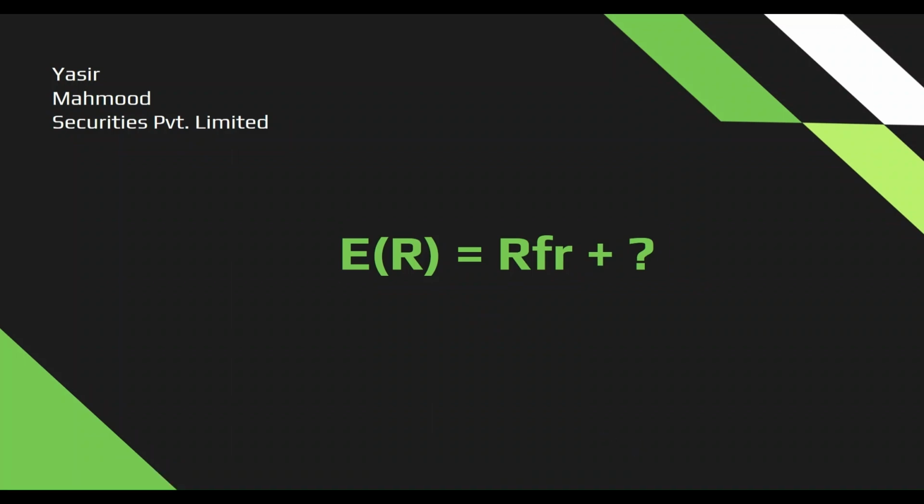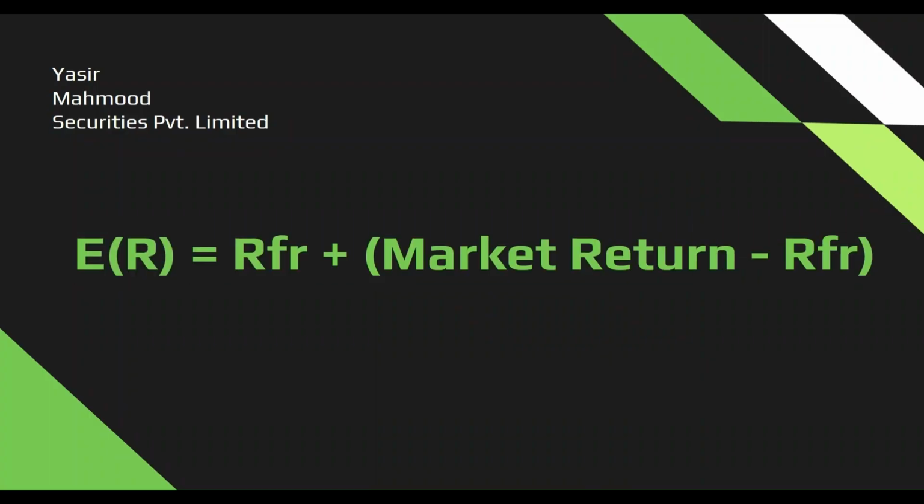Naturally, if you've been following along, I think you'd be starting to understand that we're basically looking for more than what the risk-free rate is giving us, right? So to enter into a riskier market like the stock market, we need a premium. And how do we get this premium? Well, this premium is the market return, and we subtract from it the risk-free rate.